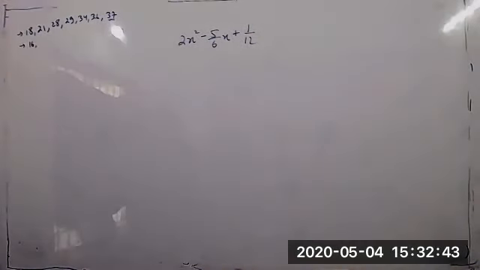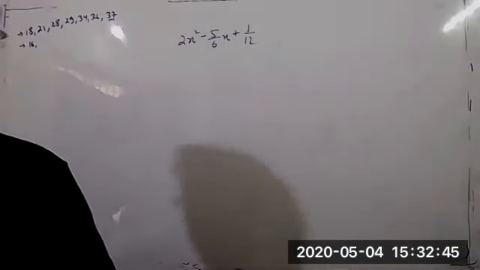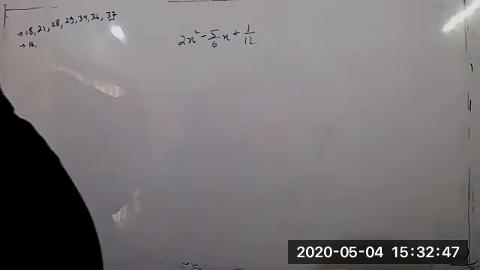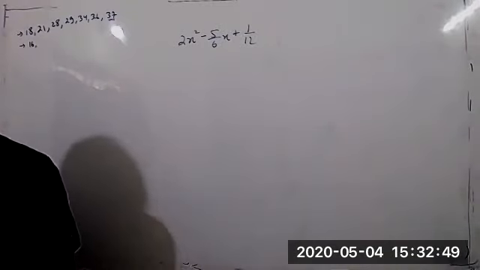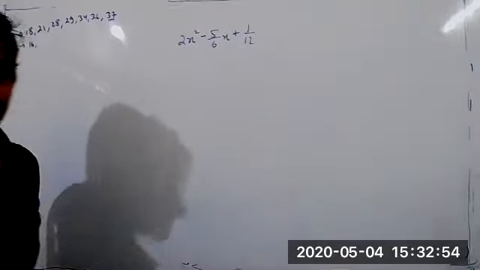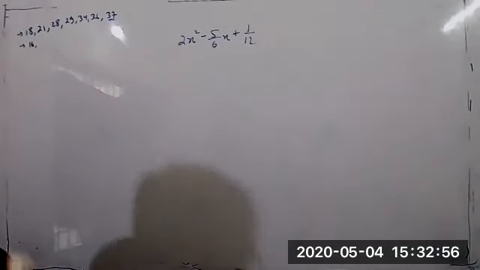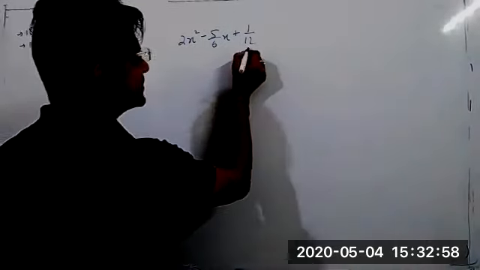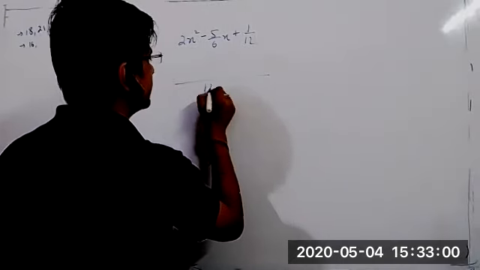Those who are doing 3C, listen to me. First, for middle term splitting you were doing those questions. This is the third type of question where fractions come. In this type of question, take the LCM, 12.